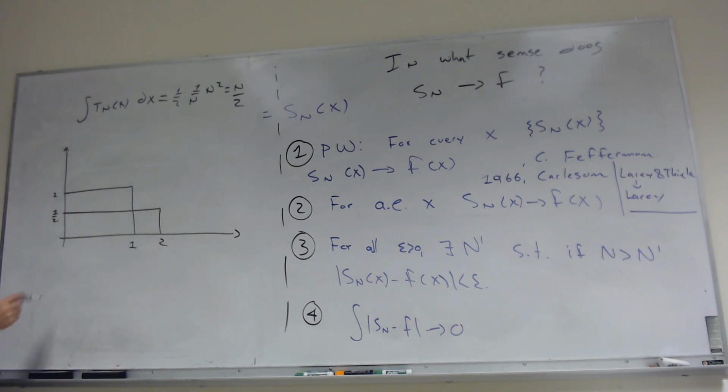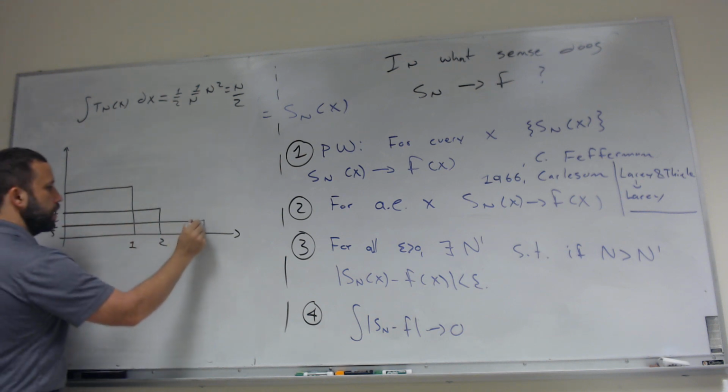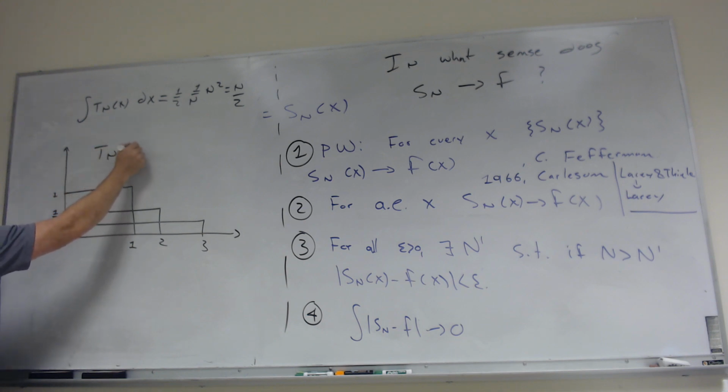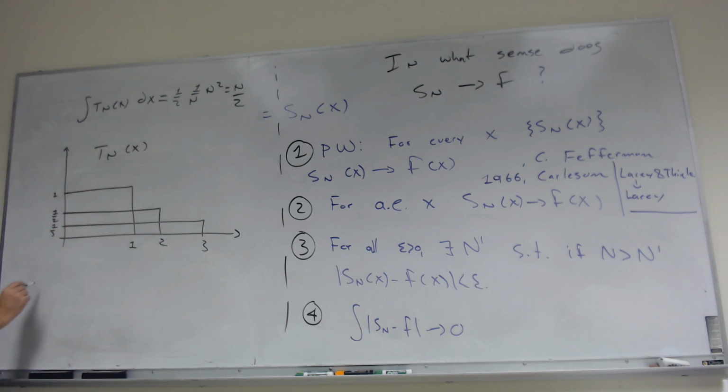Okay, this is badly not to scale. The next function is going to be 1/3, and it'll go out to 3 here. Now the area of each one of these rectangles is going to be 1. So I will call this Tn of x again, even though they're not triangles. The integral of Tn of x for all values of n is equal to 1.